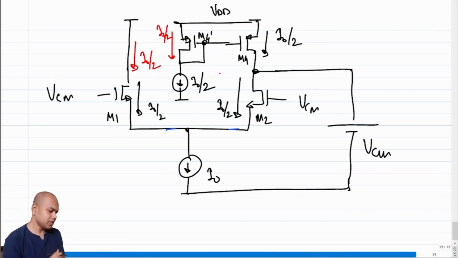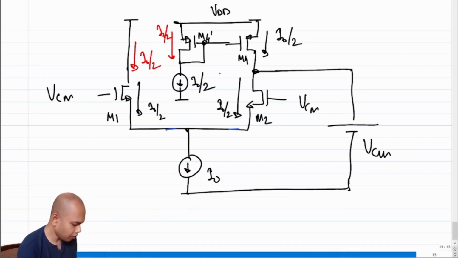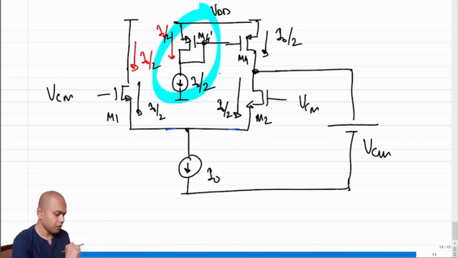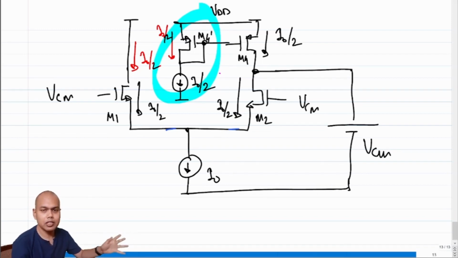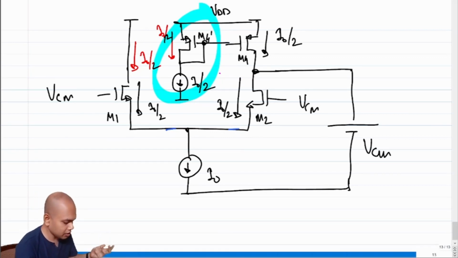So the question that I am asking is, is it necessary for us to have a separate current mirror which sinks in current, which gives us this current I naught over 2, when there is an adjacent branch through which I naught over 2 current is already flowing?